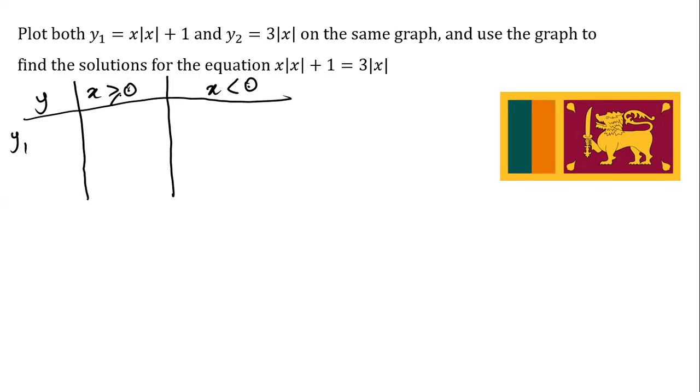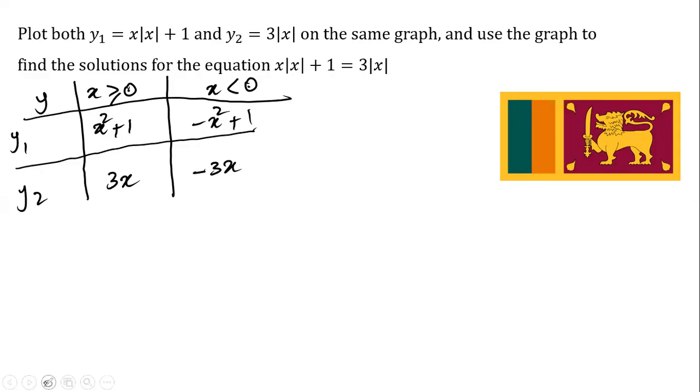When x is greater than or equal to 0, it's going to be x square plus 1. When x is less than 0, it's going to be minus x square plus 1. Let's analyze y2 now. When x is greater than or equal to 0, y2 is going to become 3x. When x is less than 0, it's going to be minus 3x.